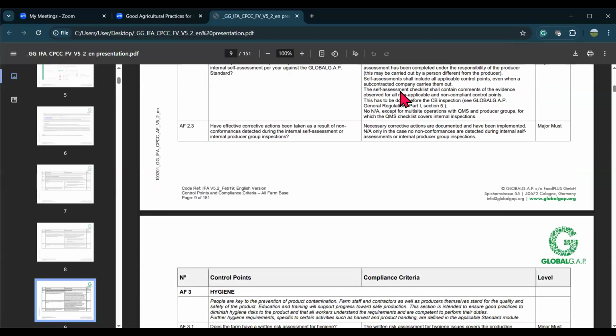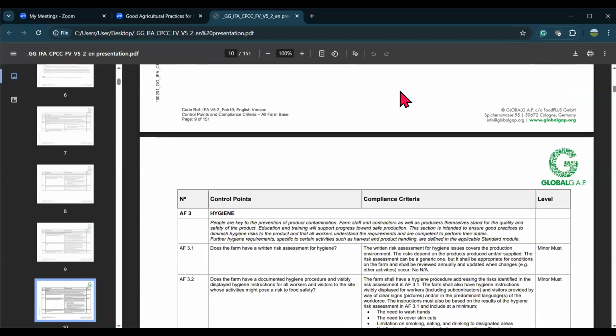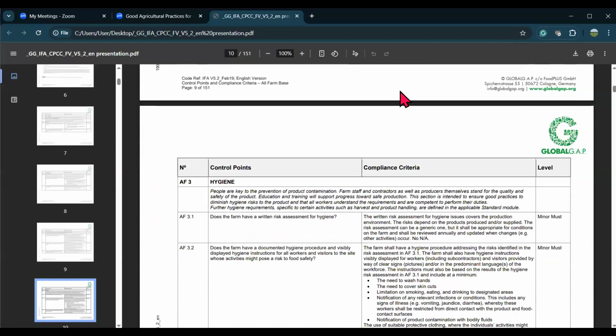Okay. Then move into the hygiene part of it. It's expected that your system should have a procedure that shows that you have a risk assessment done. Risk assessment means that on your farm, you should be able to identify the potential things that can create poor hygiene, that can stop the hygiene system on your farm.